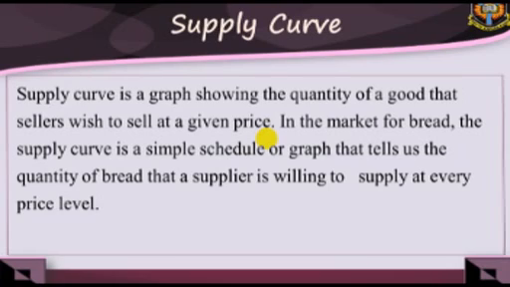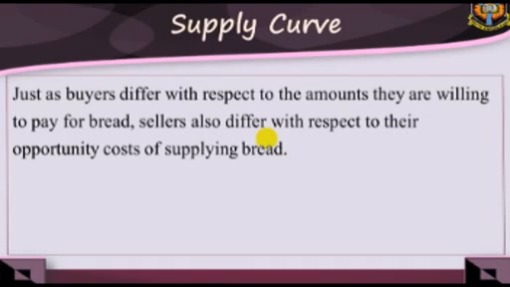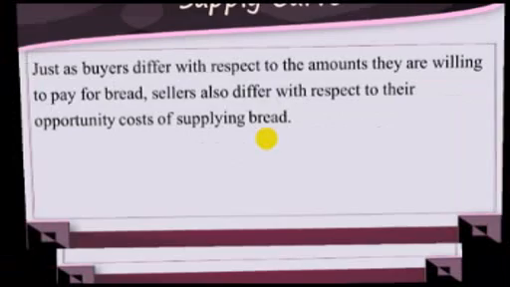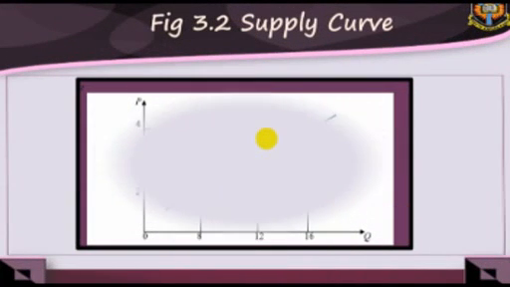For each possible price, the total number of loaves that all bread sellers will be willing to sell at that price. Just as buyers differ with respect to the amount they are willing to pay for bread, sellers also differ with respect to their opportunity cost of supplying bread.